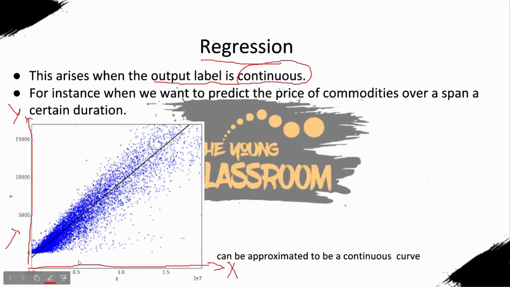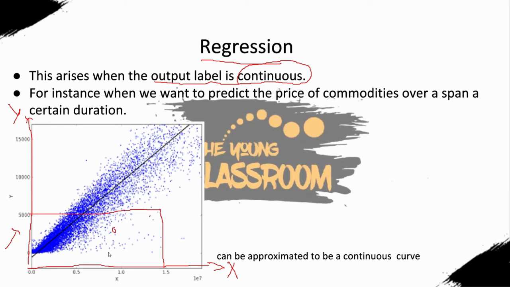We have a very large data set and we are plotting each of these y points. For 1.5 you are getting a value of perhaps 5,000. And you map it out for several data points and plot a graph out of this.